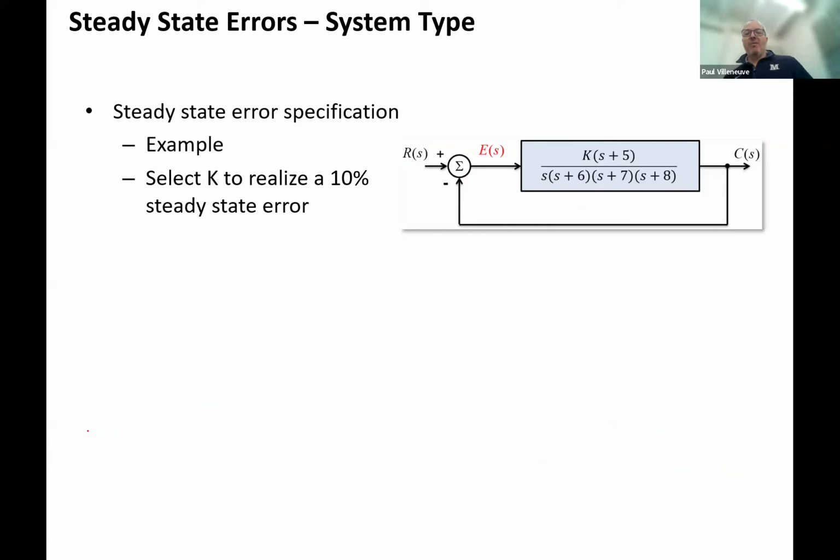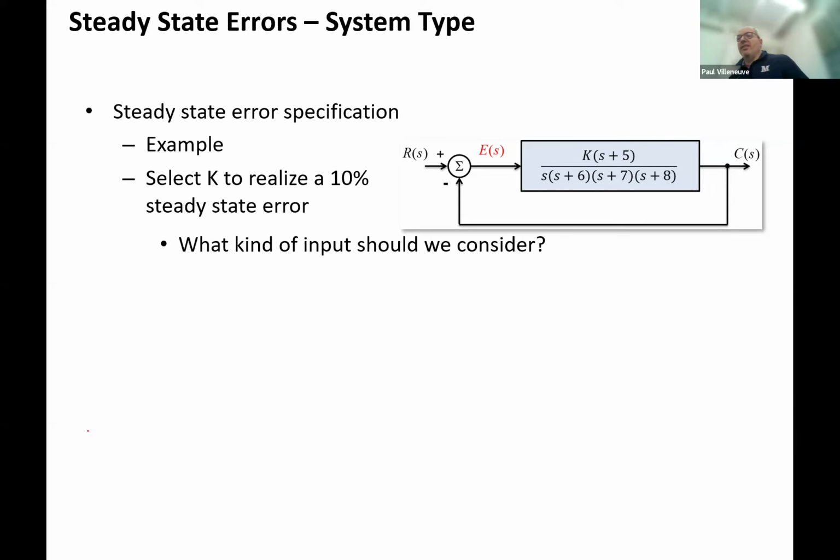All right, so now we're going to use this for a design element. The steady state error calculations are good, but again, we're engineers. We're trying to figure out how we can change things so that we can improve performance. So we would like to design, or specify, a value of K because we have some control over that value of K, that results in a steady state error that's 10% or less.